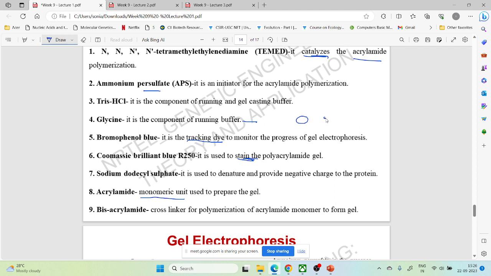But if you want smaller pore size, then you have to increase the concentration of bisacrylamide, because there would be more cross-linking, so lesser size of the pores.